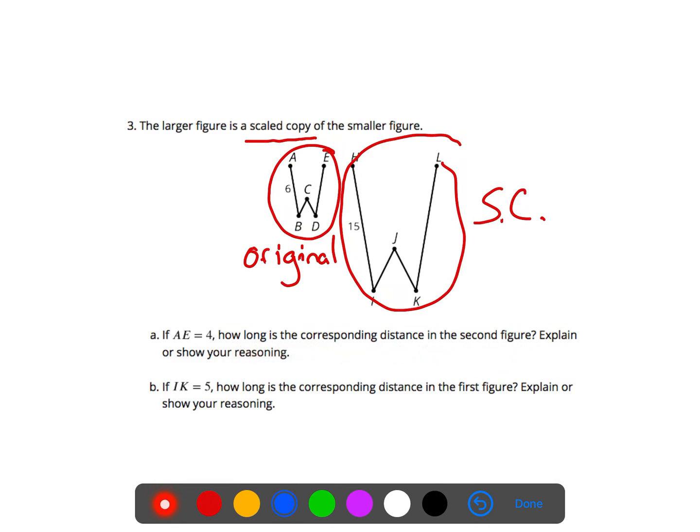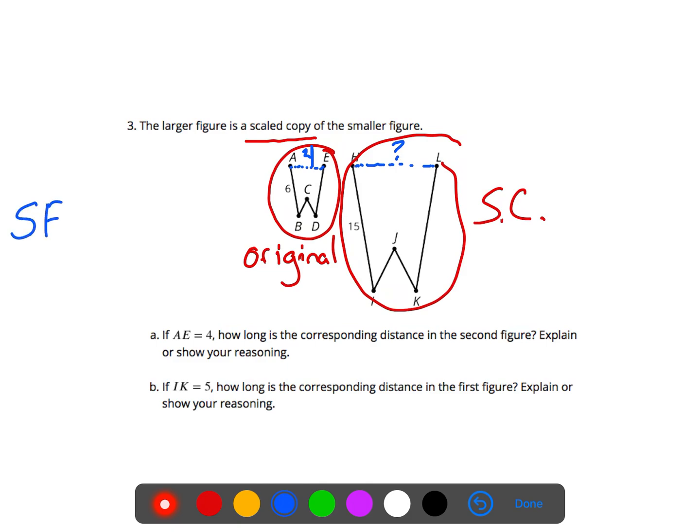So let's take a look here. If we have a distance from A to E being 4, the corresponding distance would be from H to L, and it's unknown. That's what we need to find. So what we need to know is, what is the scale factor?